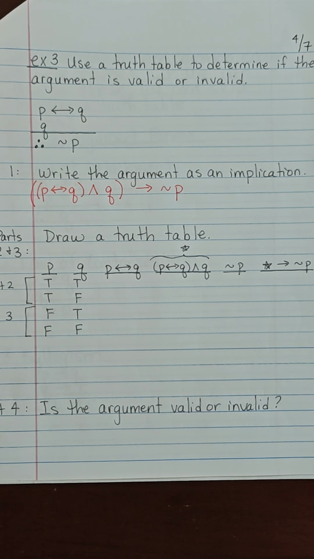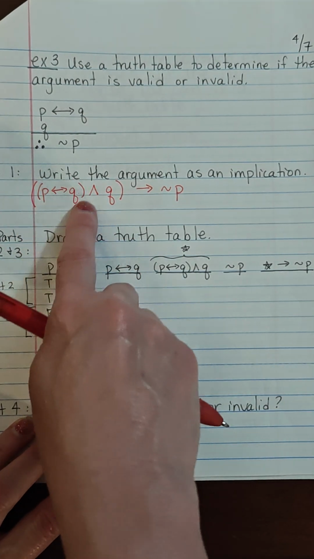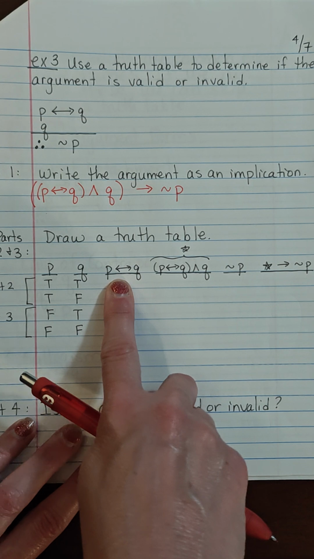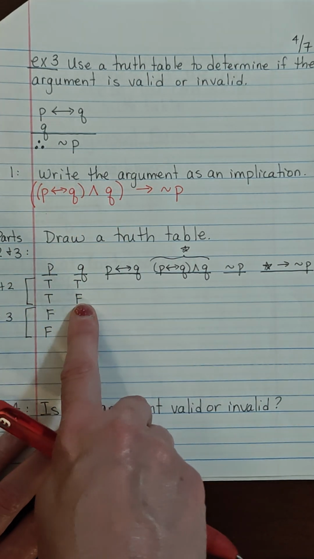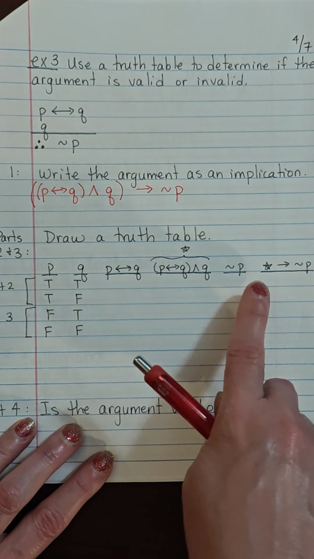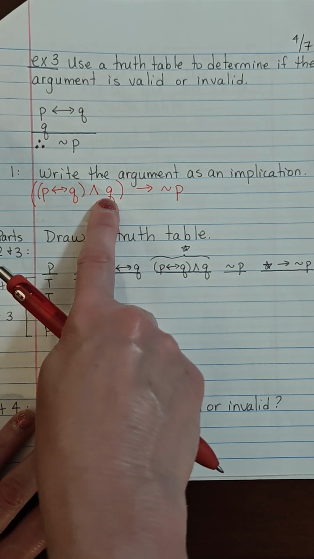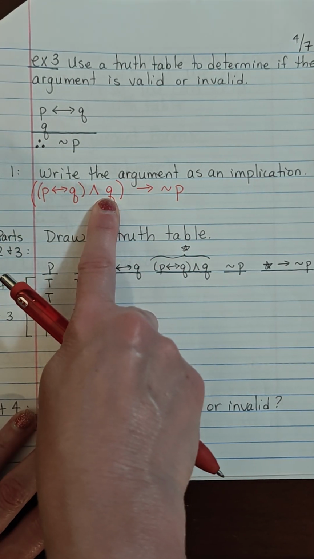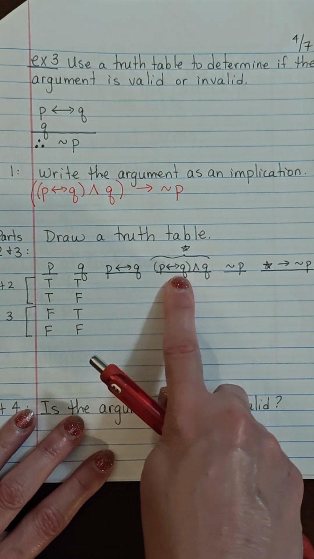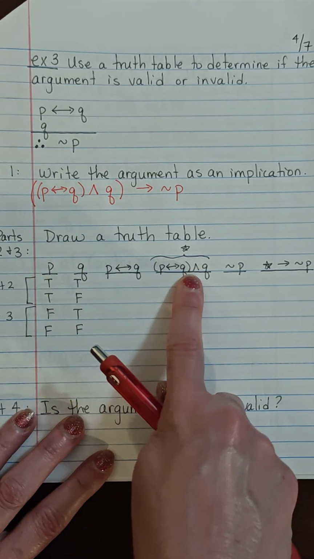Okay, let's draw a truth table. Starting in the parentheses, I've got that biconditional P and Q there. I've already got Q. I need a not P eventually. There's the conjunction of these two.